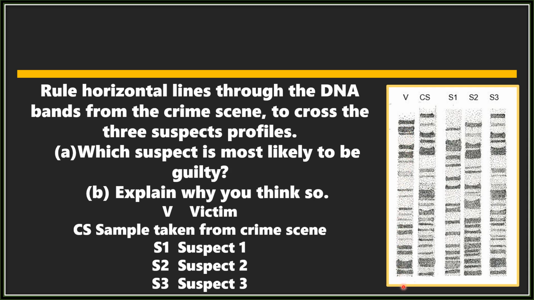Then we have the sample from the crime scene, then suspect 1's DNA, suspect 2, and suspect 3. So we are supposed to use the sample from the crime scene to eliminate 2 of the suspects, and we pick one suspect who was at the scene.